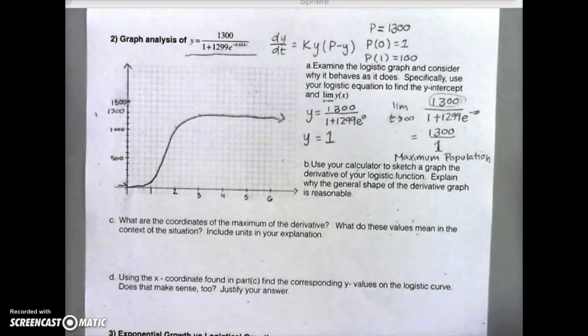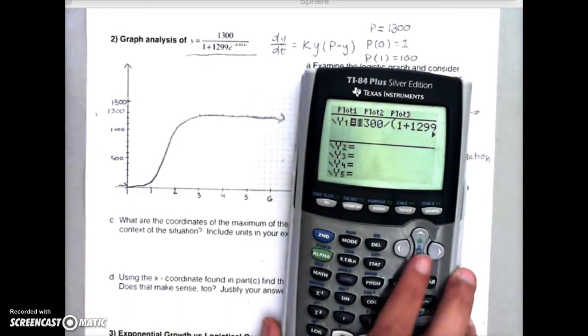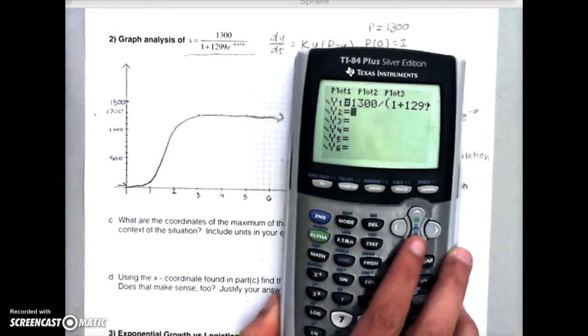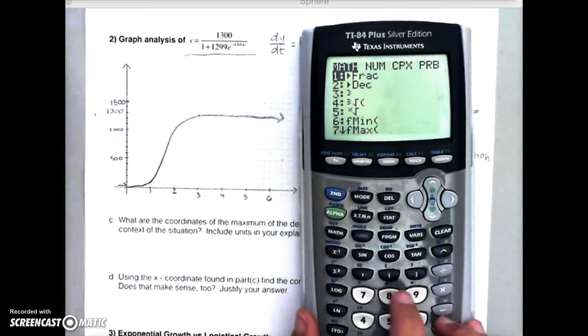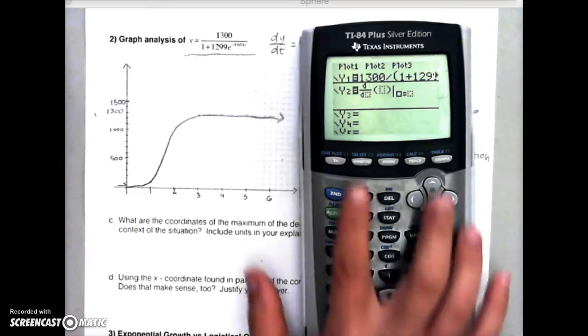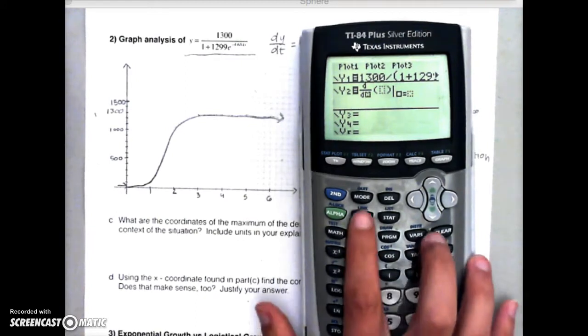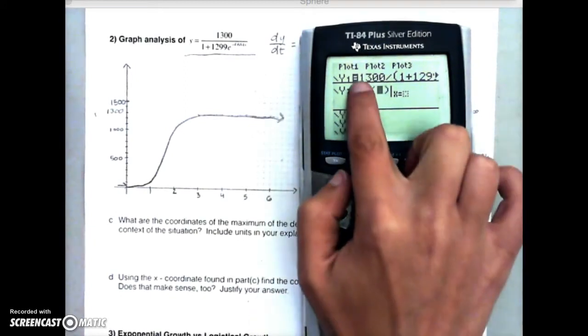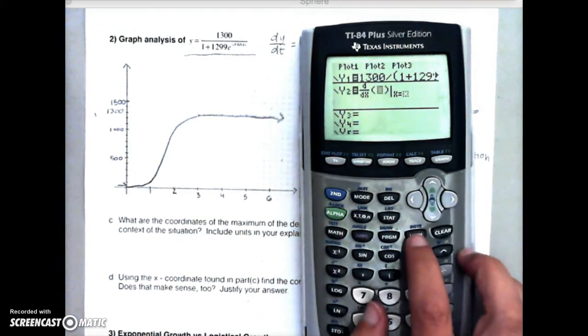Use your calculator to sketch the graph of the derivative of the logistic function. So we're going to go back to y equals, and I'm going to use the nDeriv function in my calculator. If you go to math 8, we're going to get this derivative function in here. And to plug it in, we want d/dx of this function here. So instead of plugging it all in again, you can use the vars button.